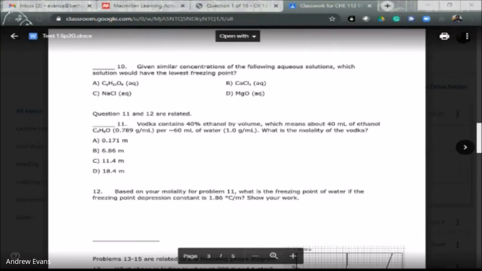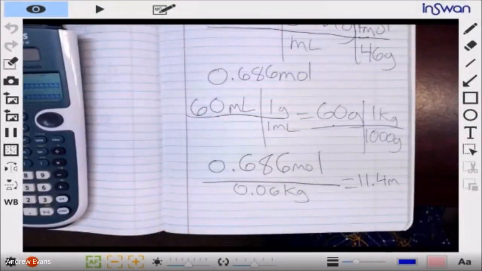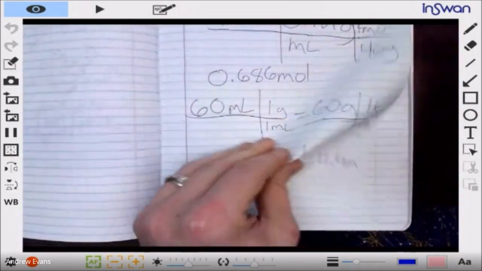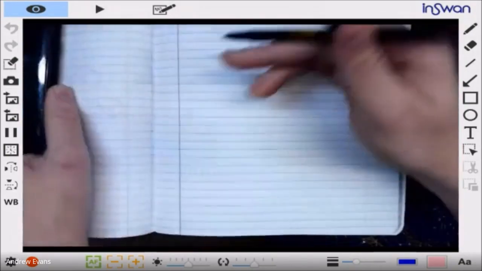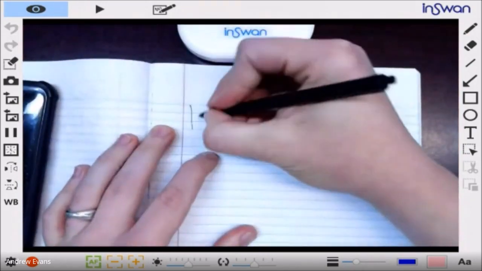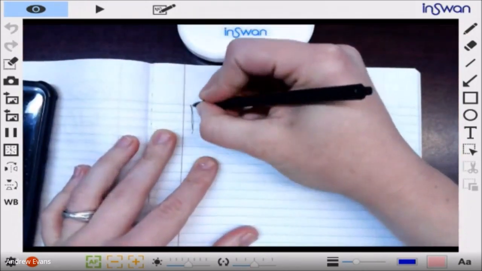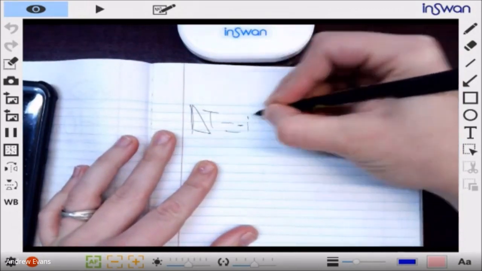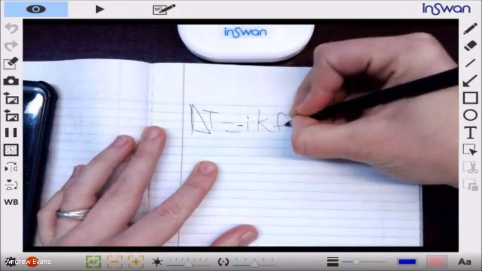Now, using that number, what is the freezing point depression of water? So going back to this. We have 11.4. The freezing point depression, delta T, equals negative i Kf m.